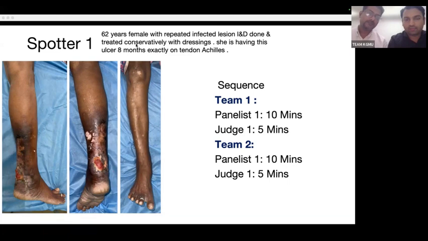Then I will proceed with the clinical examination for the venous pathology, like Trendelenburg test, then Perthes test and Cockett test, then multiple tourniquet test for the perforators.